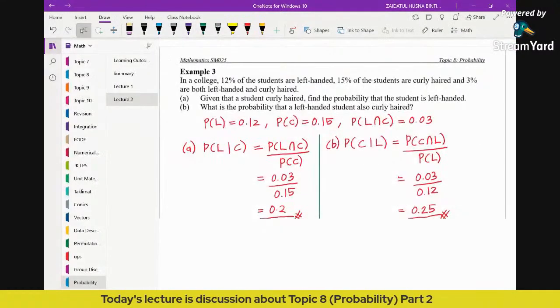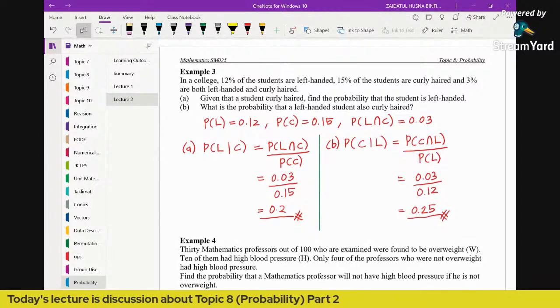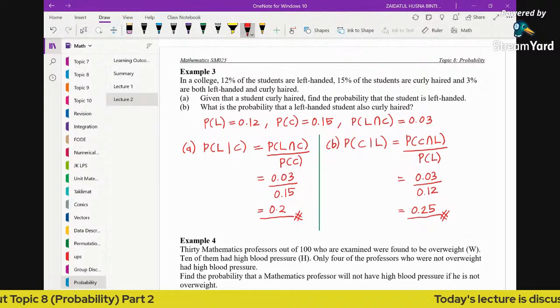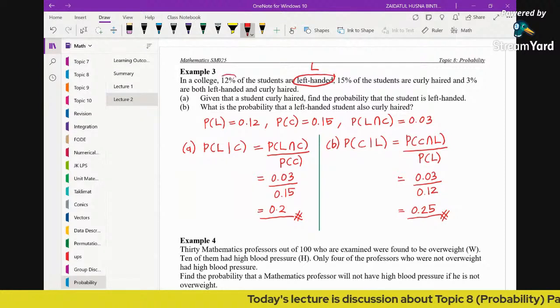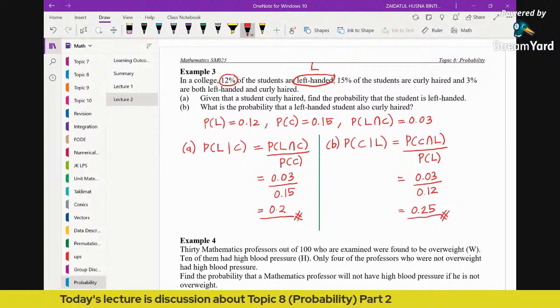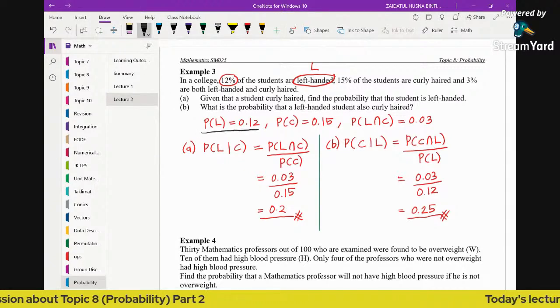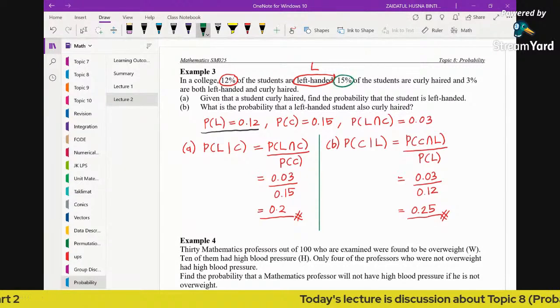In a college, 12% of the students are left-handed. In this case, we declare the left-handed event to be L. Because we are given a percentage, 12 divided by 100 is 0.12, so P(L) equals 0.12. Next, 15% of the students are curly head.